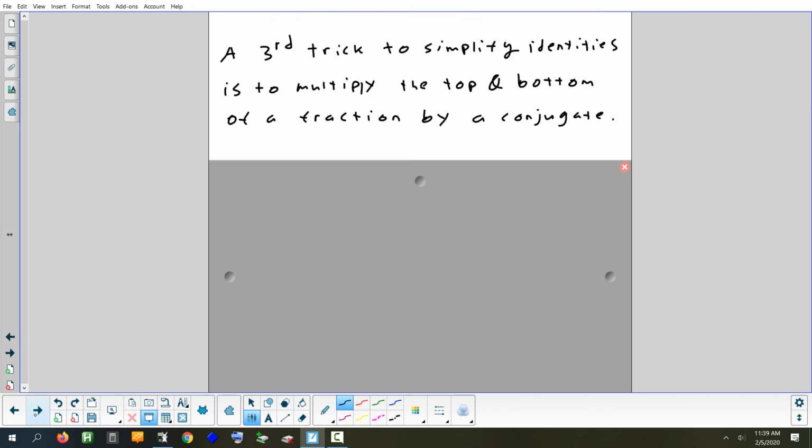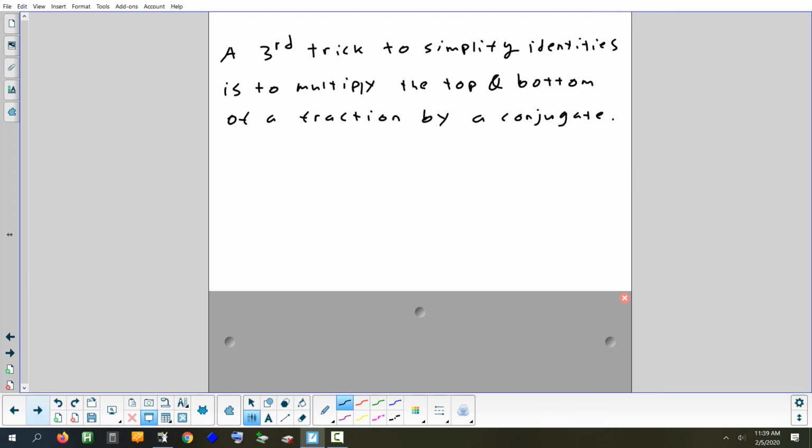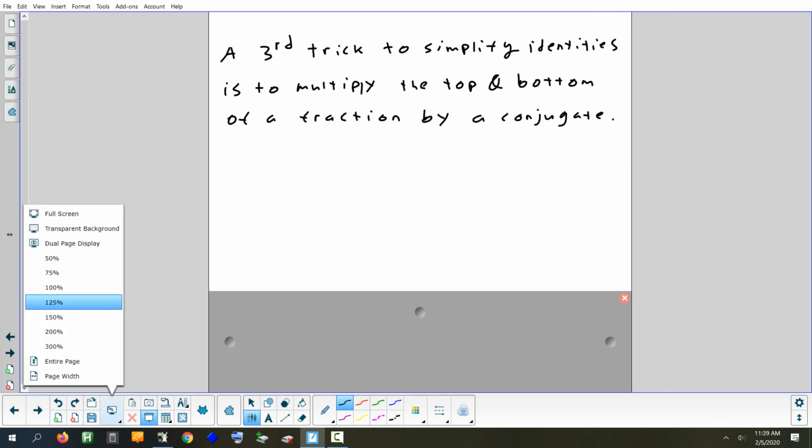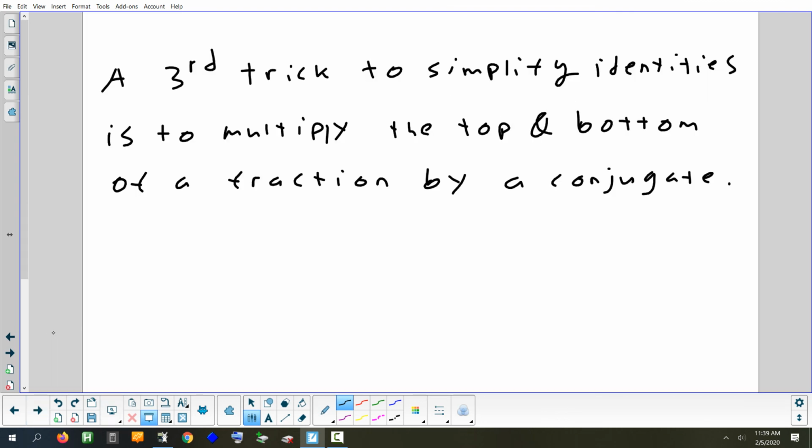All right, so the third trick that we're going to look at is to multiply the top and the bottom of a fraction by the conjugate. We saw conjugates come up when we divided complex numbers. This has nothing to do with complex numbers, but the trick we're going to use here is a trick we've used before.